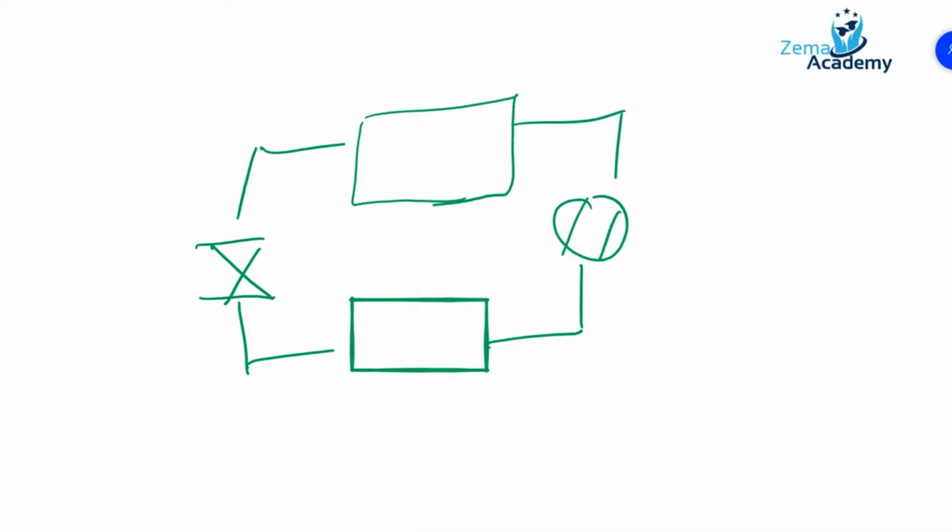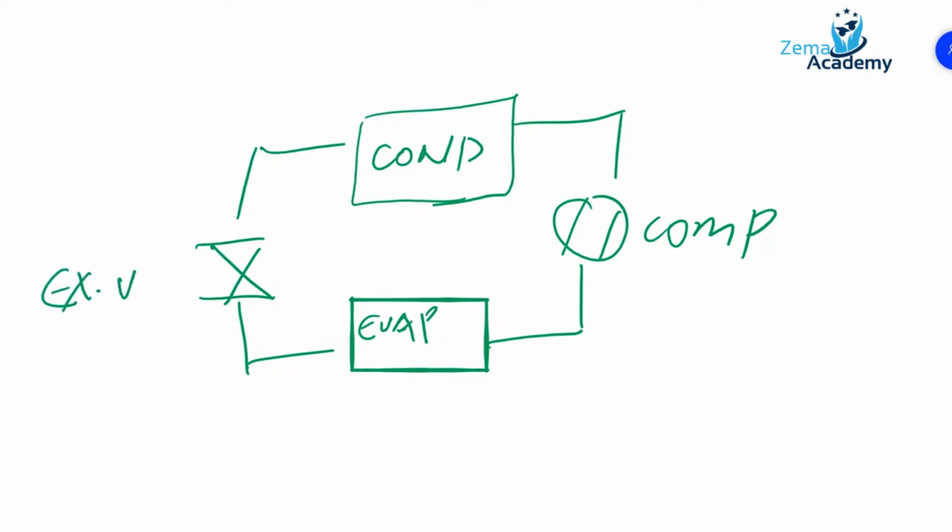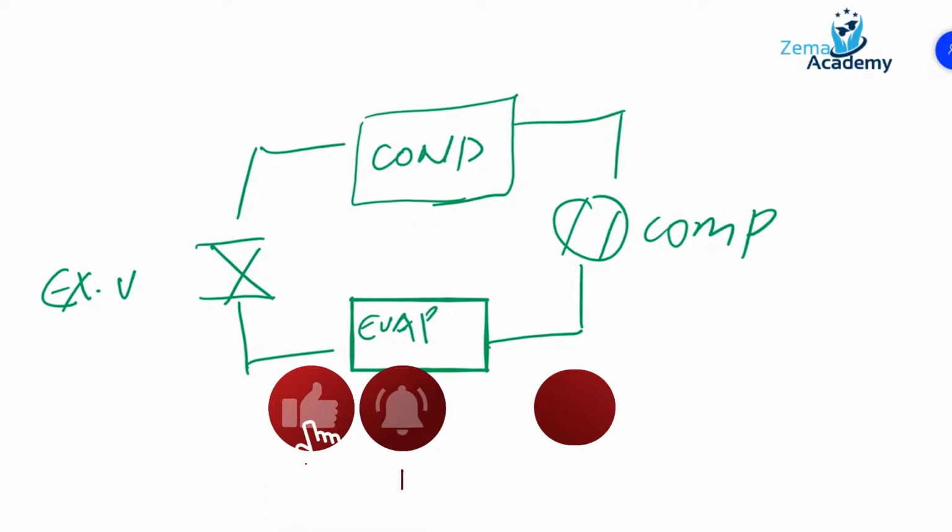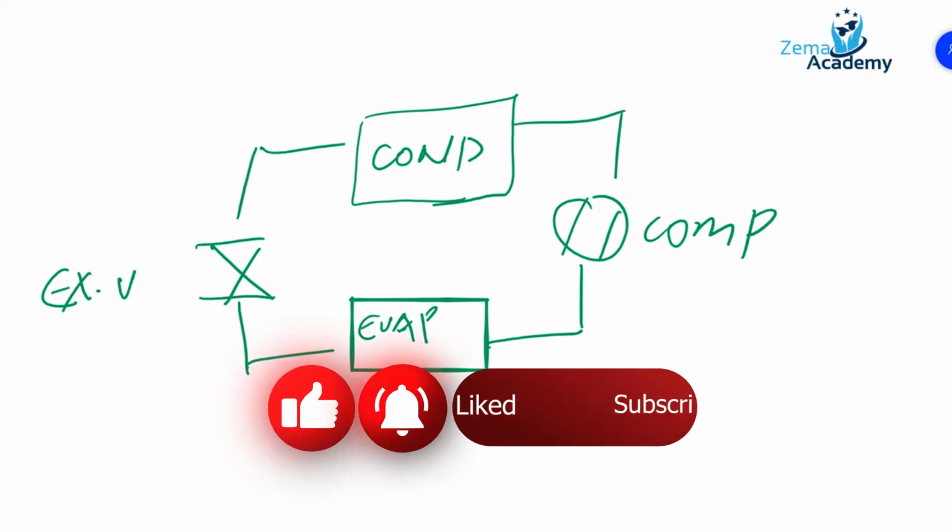Those components are the evaporator, the compressor, the condenser, and the expansion valve. So the four components of any vapor compression system are the evaporator, compressor, condenser, and expansion valve.